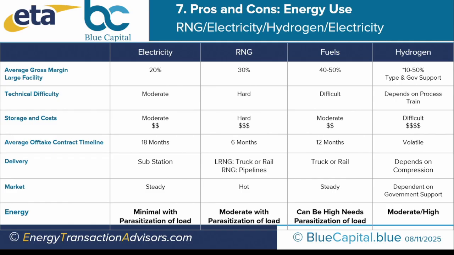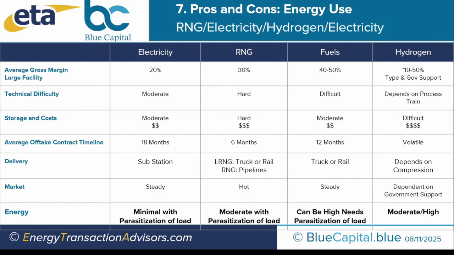Yeah, so electricity is the most straightforward. You kind of burn the syngas and make power. Power plants do have a parasitic load. When it comes to RNG and fuels, those are exothermic processes, so you get a little bit of energy back in waste heat, but you still need pumps, compressors, you still need to heat up.